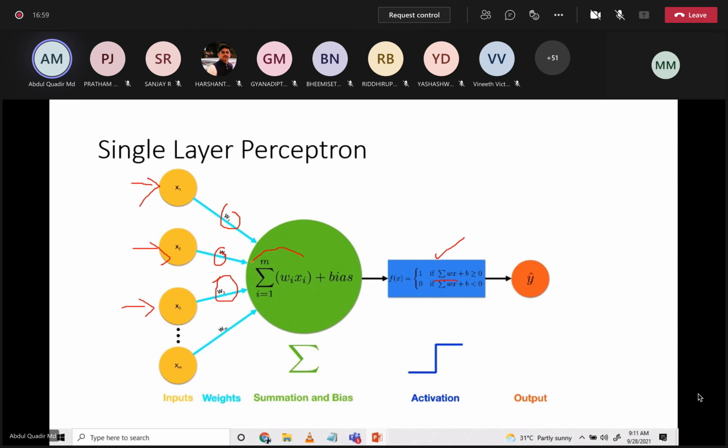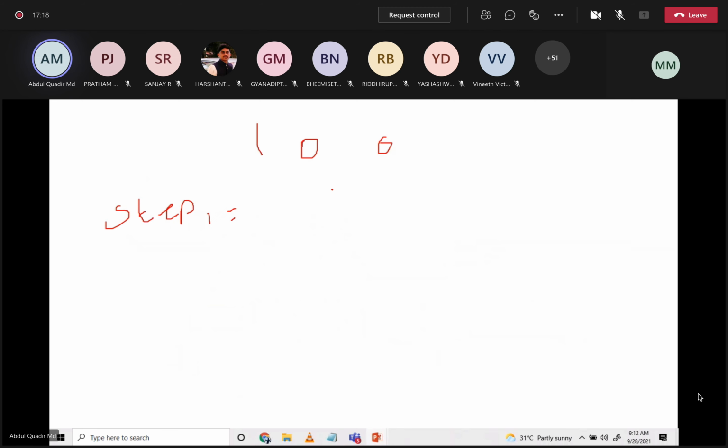This is the formula. Our assumption is that the bias is 0. So this is step number 1. Very simple, right? So what are we doing here? For the input, what is the input?